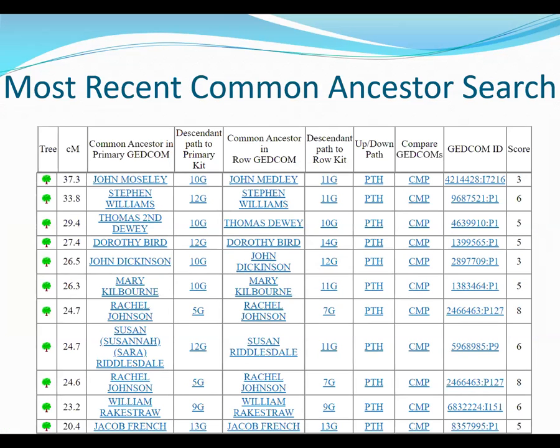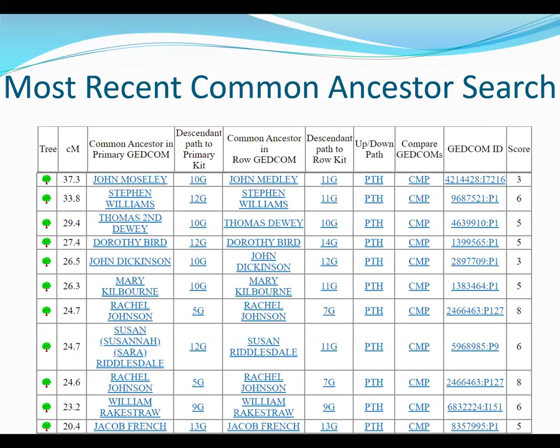The next thing I want to show is a more distant set of matches. These are all people who are not close relatives, but they do share somewhere between 37 centimorgans at the top with my mother, or down to 23 centimorgans there at the bottom. I just want to point out that there are some distant matches here. The French connection is 13 generations away.